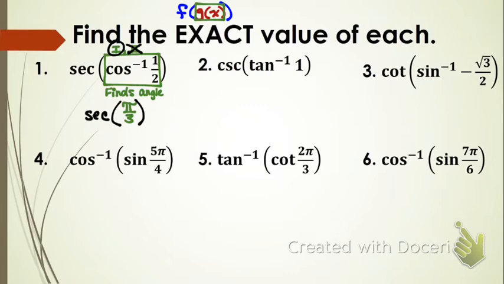So secant is the reciprocal of cosine, right? So secant is 1 over cosine. What's cosine of pi over 3? 1/2. So this is going to be 2. Which I'm pretty sure I heard several people tell me, but I just wanted to walk through all those steps.